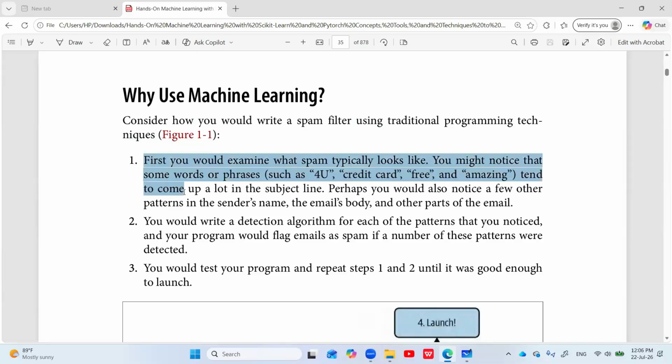First you would examine what spam typically looks like. You might notice that some words or phrases appear, and that is why you think an email is spam. You can just go to the spam folder and identify what the spam emails are.